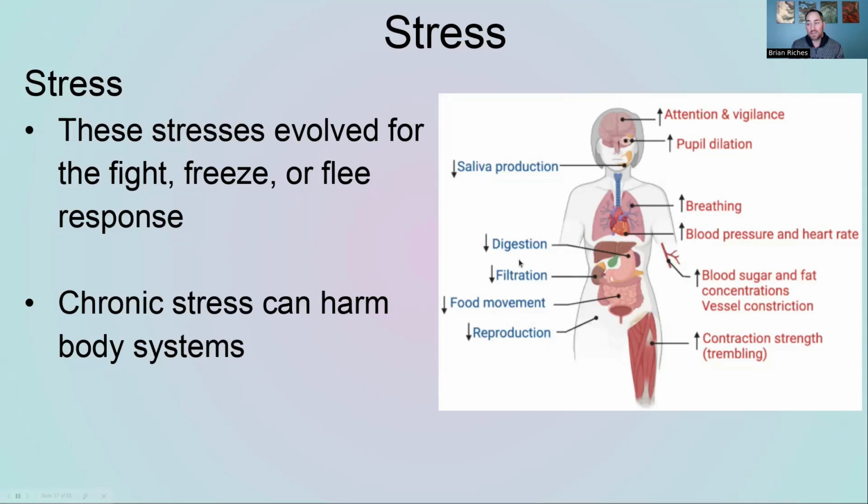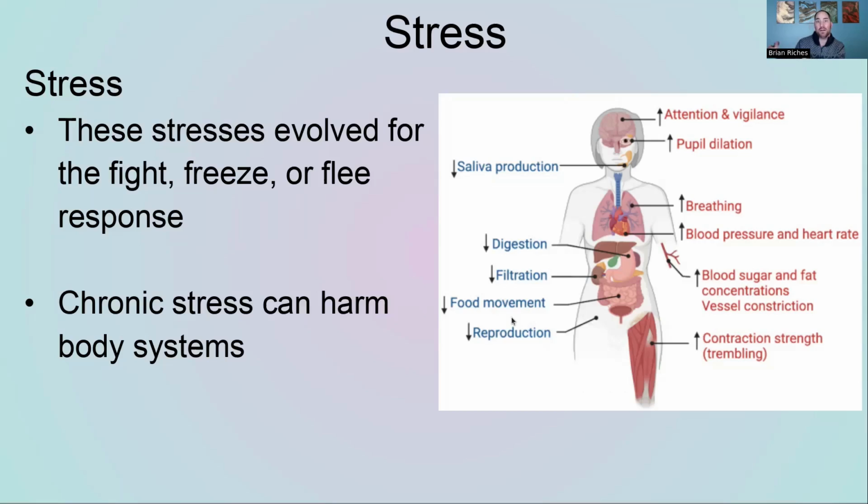Decreased digestion, decreased filtration of getting toxins out of the blood, decreased food movement. We also see blood sugar and fat concentrations go up, basically giving more nutrients to cells all over the body because they might need it right now. But then we're also getting less digestion. So over a long period of time, you're trying to put more nutrients into the bloodstream, but you're taking less out of the actual digestive system if you have more of a chronic stress.